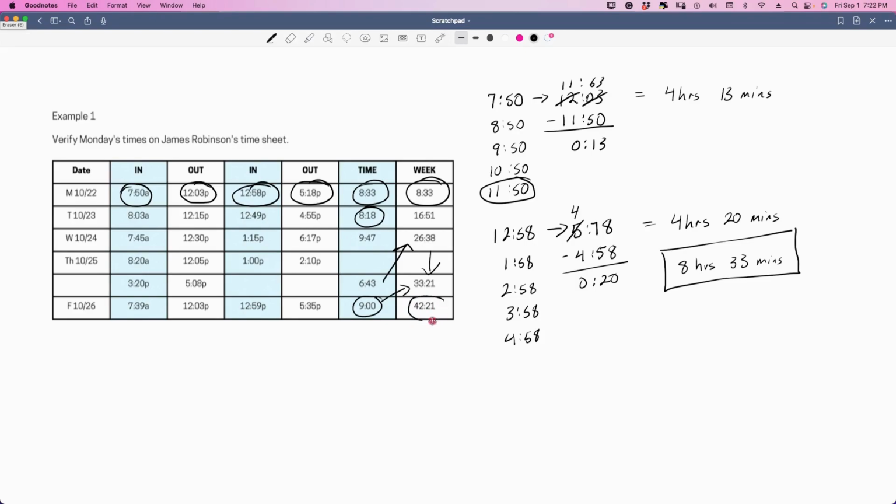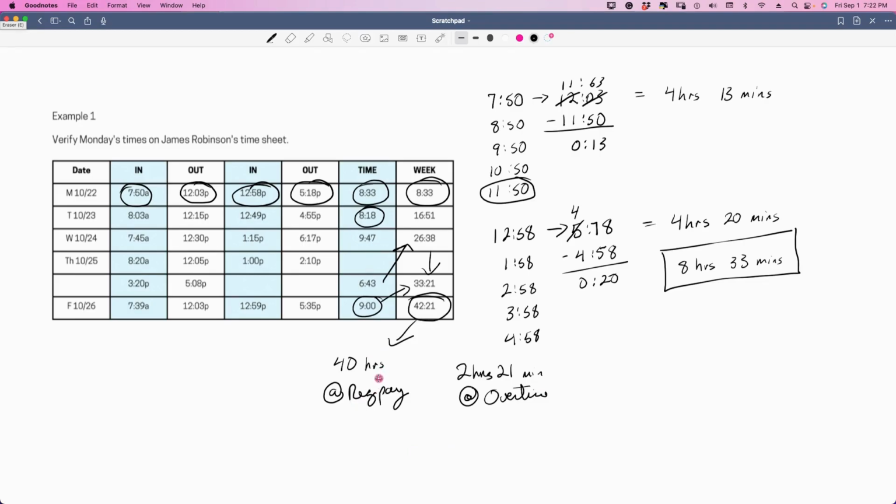So remember what we talked about for overtime? He is going to get 40 hours at regular pay, but his overtime is 2:21. So he's going to get 2 hours and 21 minutes of overtime. So 40 hours at his base pay, whatever that is.